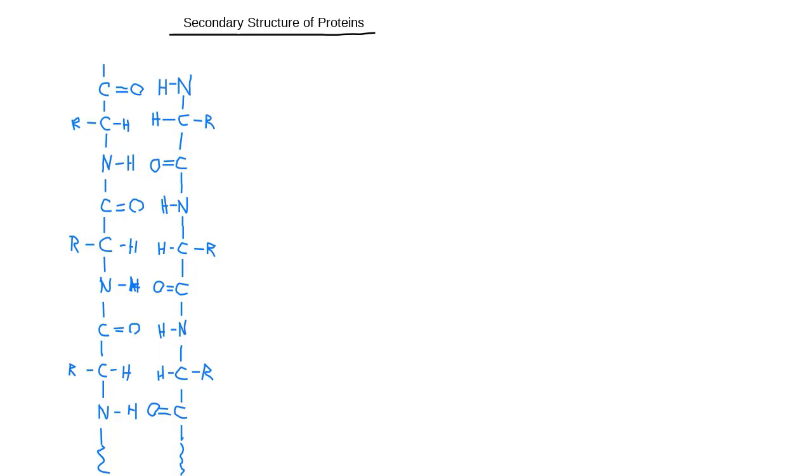So the secondary structure of proteins is really hard to separate because it involves a lot of different attractive forces. For example, here there's an interaction between the lone pairs of electrons on the ketone group, or on the amide carbonyl oxygen here, and the hydrogen that's attached to the nitrogen.